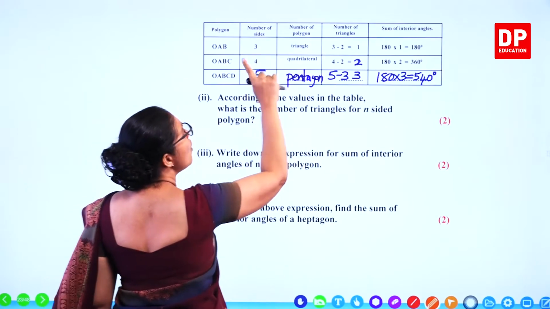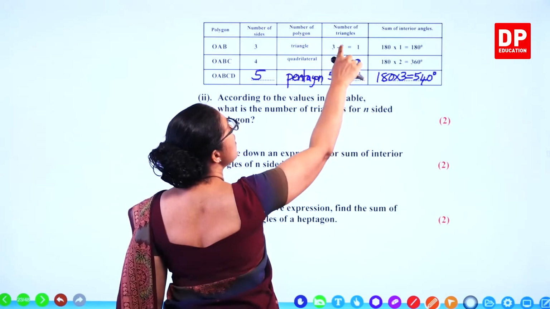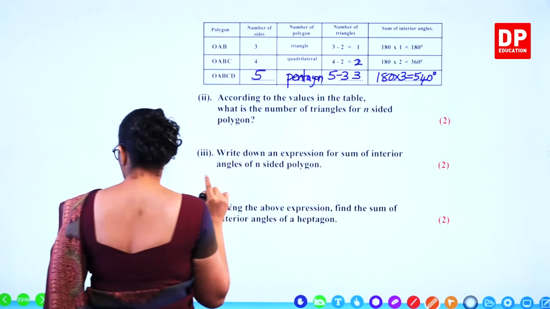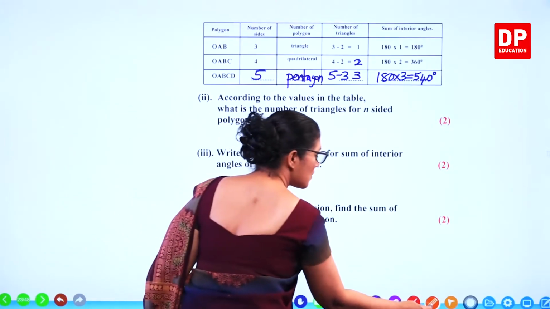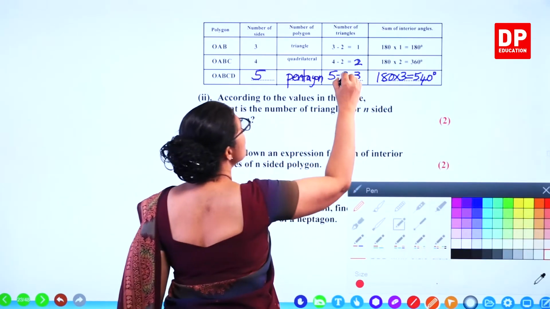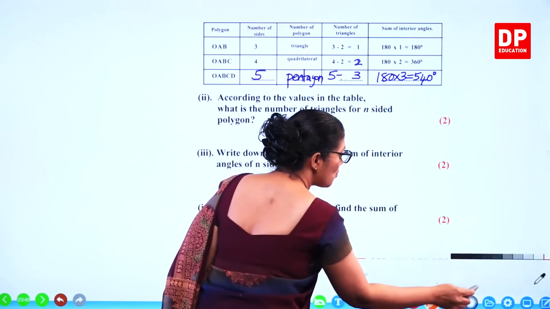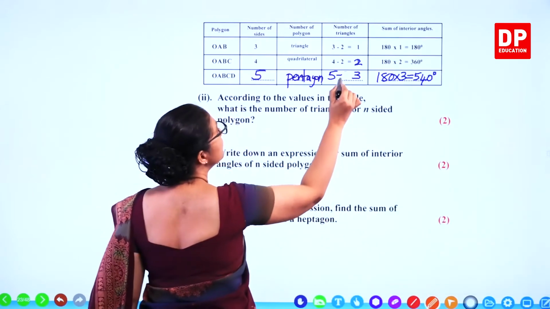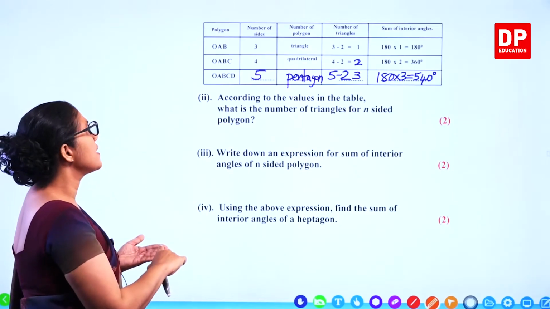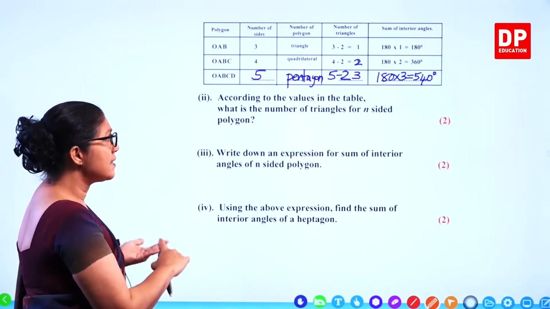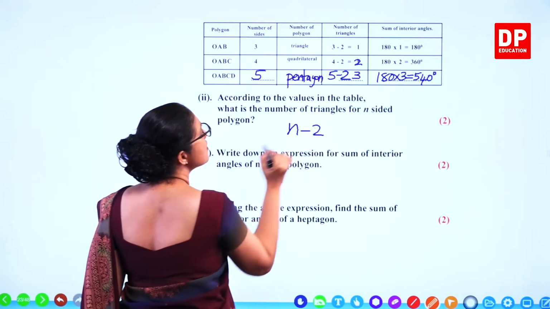If it's 4, this is 2. So look at this one, always subtracted. Here we made a mistake, so I'll erase that. 5 minus 2 is equal to 3. So always subtract 2 from the number of sides. So if n sides are there, how many triangles? n minus 2.